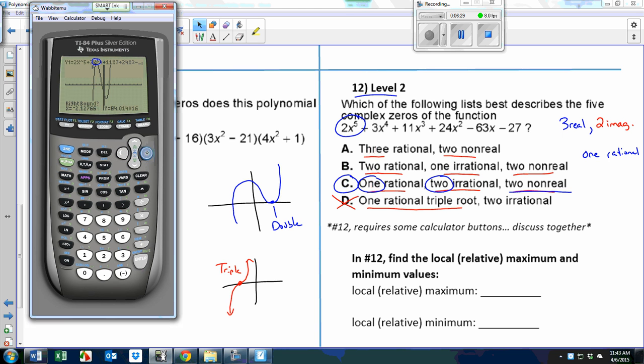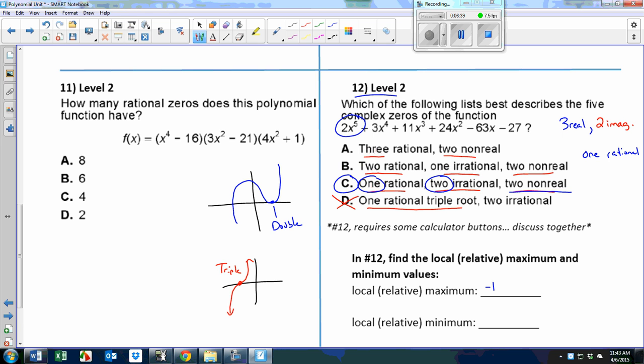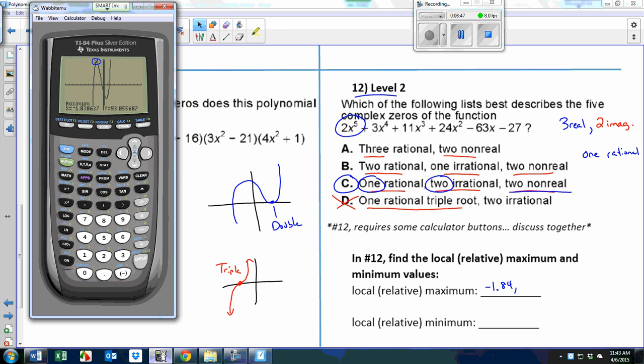Then right of that point, so scroll right until I'm right of that point, hit enter twice, and the maximum is this ordered pair: -1.84, 93.86.